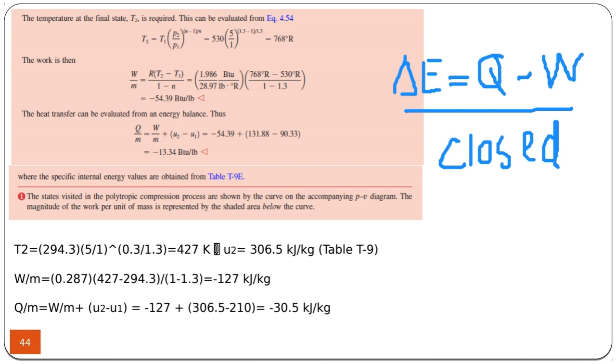For a closed system, this is always the starting point, and it's actually the conservation of energy, because the net energy change within the system is equal to energy transferred to the system in terms of heat or in terms of work. So the energy transfer to and from a closed system is only either in terms of heat energy or work energy.